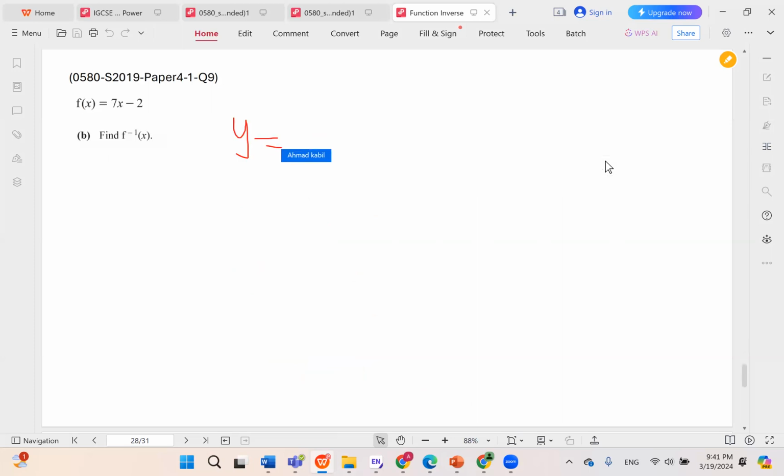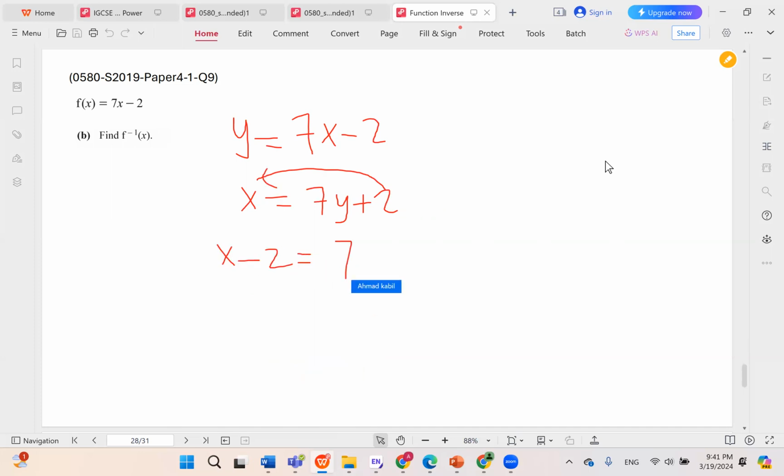Y equals 7x minus 2. X equals 7y plus 2. We take the 2 to the other side. We get x minus 2 equals 7y. We divide by 7. Y equals x minus 2 over 7. Finally, we replace y with f inverse.